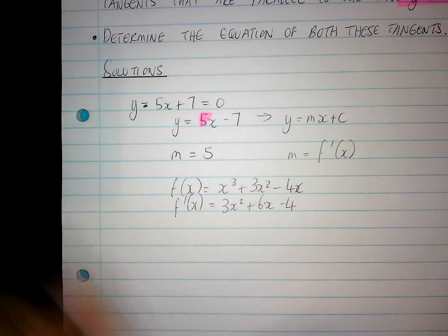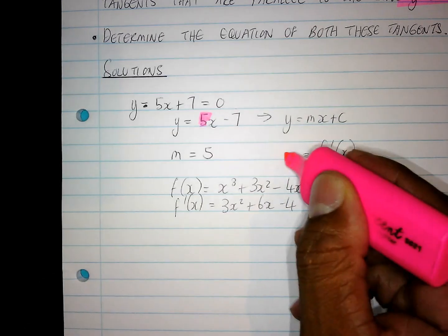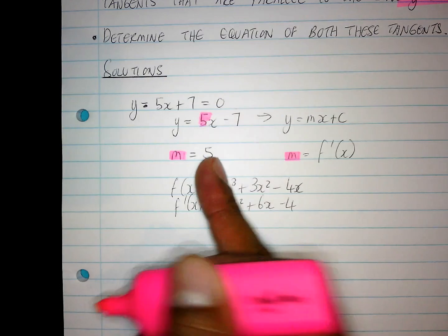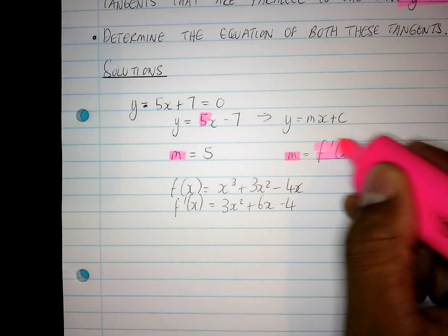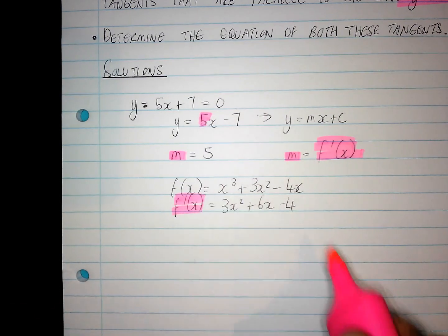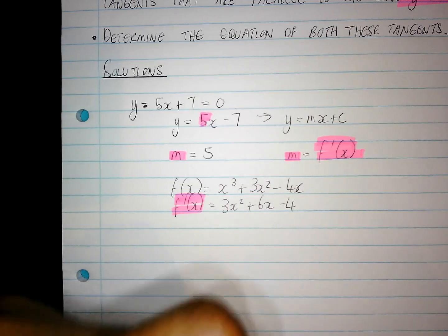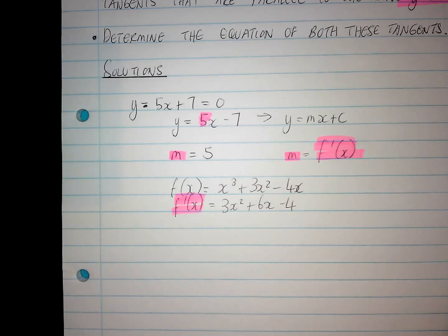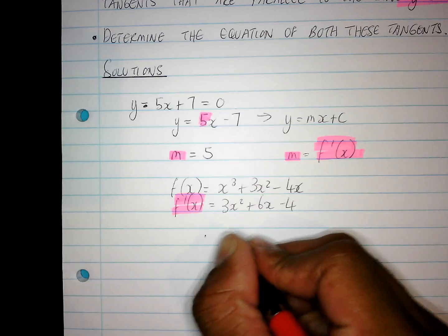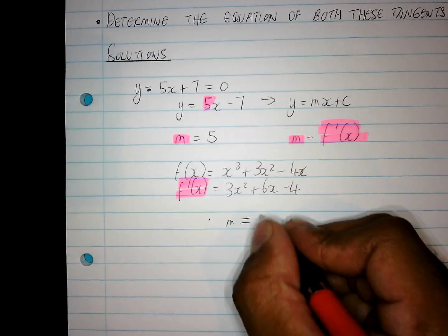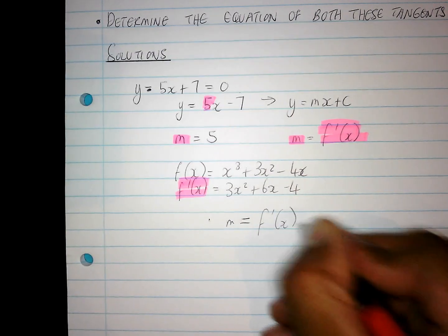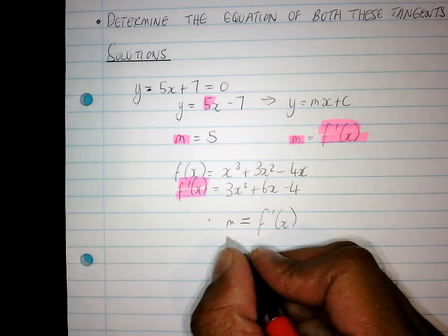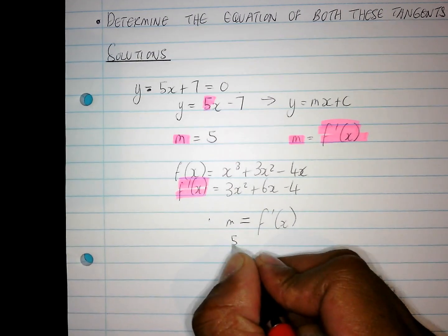So now if you can check, we have m, which is 5, then we have the derivative of f, which is 3x squared plus 6x minus 4. We know that m is equal to the derivative of f with respect to x. Then we have m, which is equal to 5.